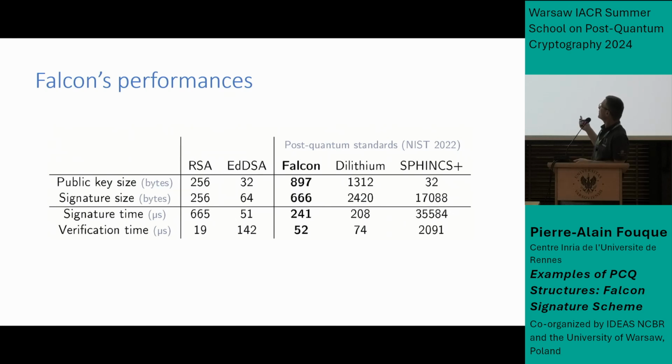If we compare with Dilithium, you can see that the public key is shorter, as well as the signature. And the signing and verification times are basically as good as for pre-quantum schemes. And for SPHINCS+, you can see that the signature is very large, even if the public key is short.